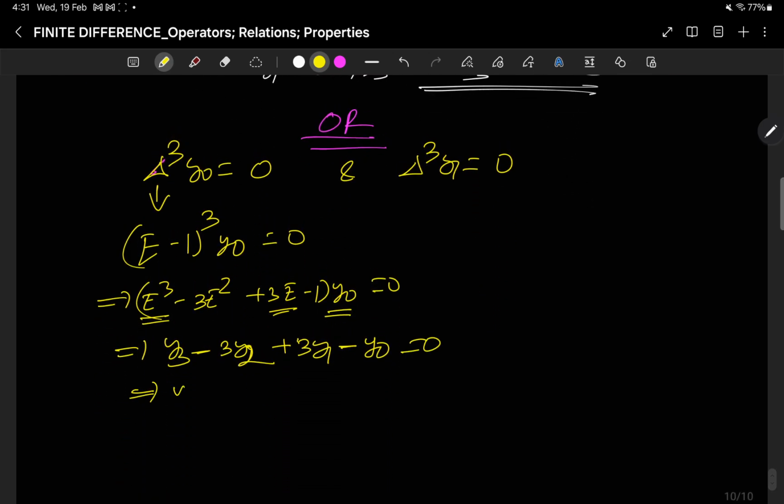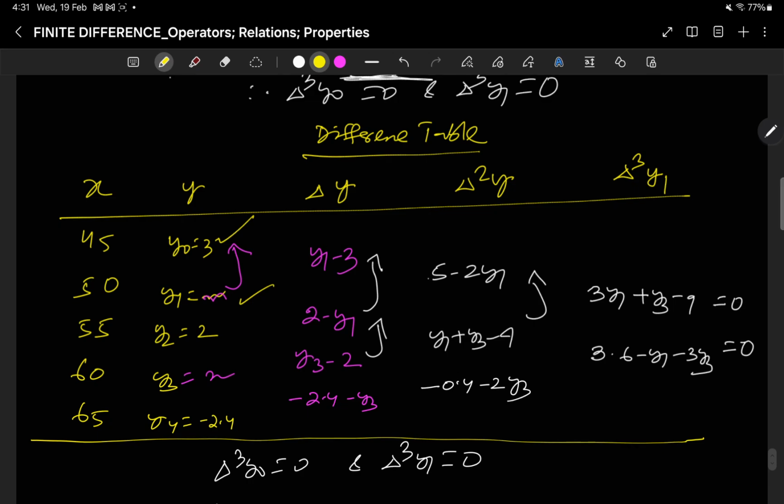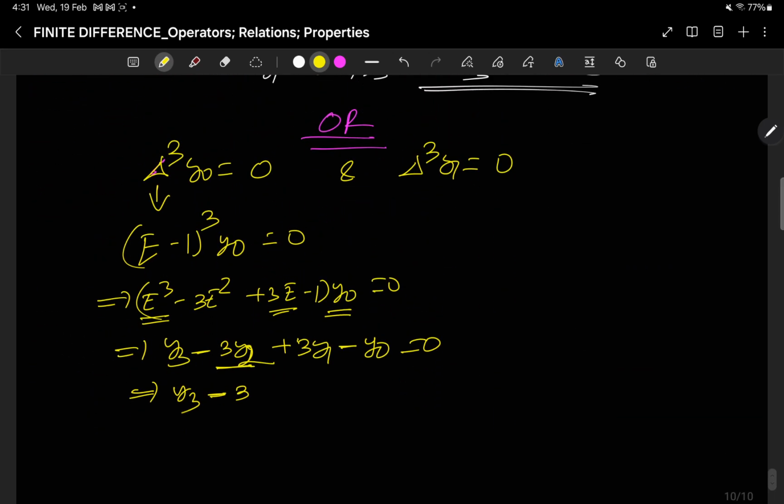So that means y3 minus 3 y2, and the y2 value is 2, so it is 6. So it is y3 minus 6 plus 3y1 minus y0, where y0 is 3, is equal to 0. So if you simplify it, it is y3 plus 3y1 minus 9 is equal to 0.